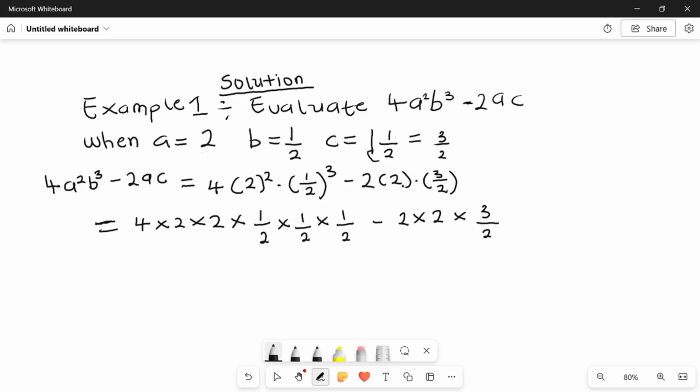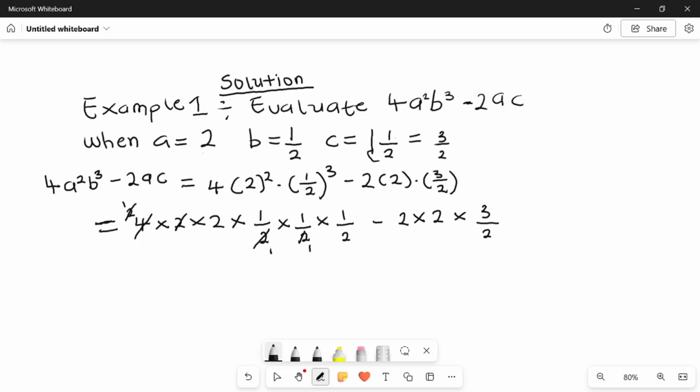So from here we can cancel out. If we cancel out here with 2, 2 into 4 will give us 2. 2 into 2 will give us 1. Cancel again, 2 into 2 gives us 1.